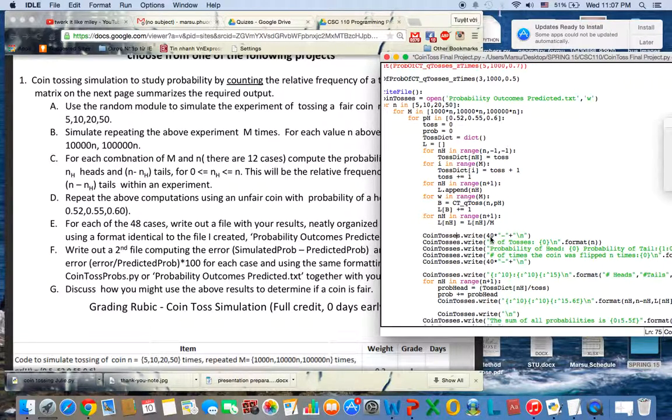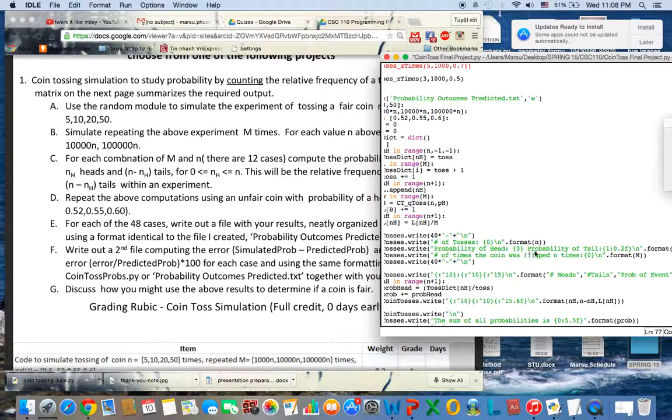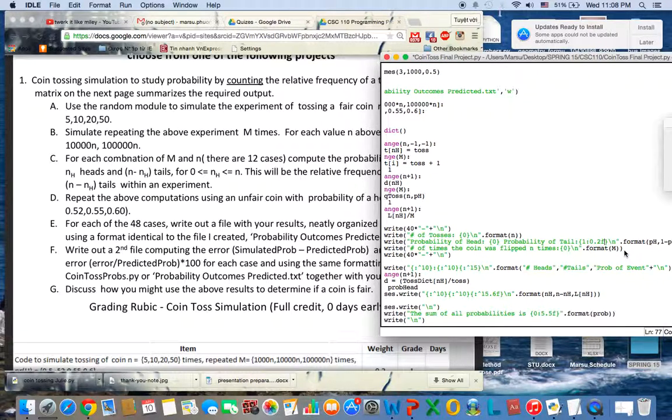So now we write it out, so we have the 40 times of this one, and then the number of tosses. This is the first one, so format, and write probability of head, probability of tails. Probability of head is the first item, tail is the second item, so round it to 2 floats.